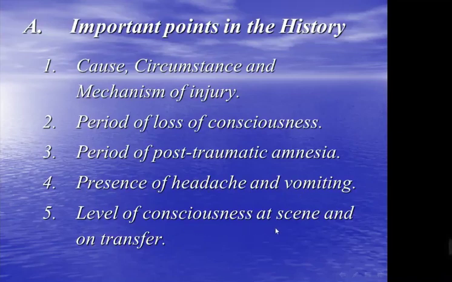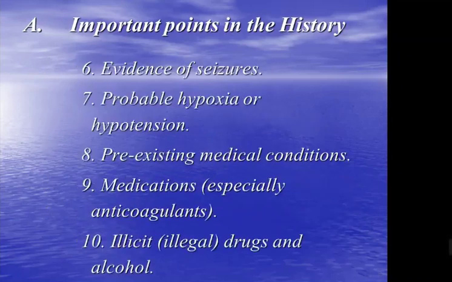Level of consciousness at the scene and on transfer. I mean, at the site of the accident, how was the level of consciousness? And during transfer, you may ask, for example, the driver of the ambulance or the medical staff who was with the driver taking the patient from the site of the accident to the hospital.